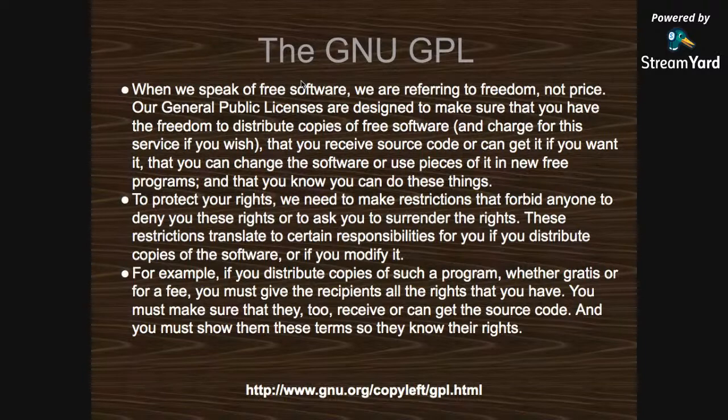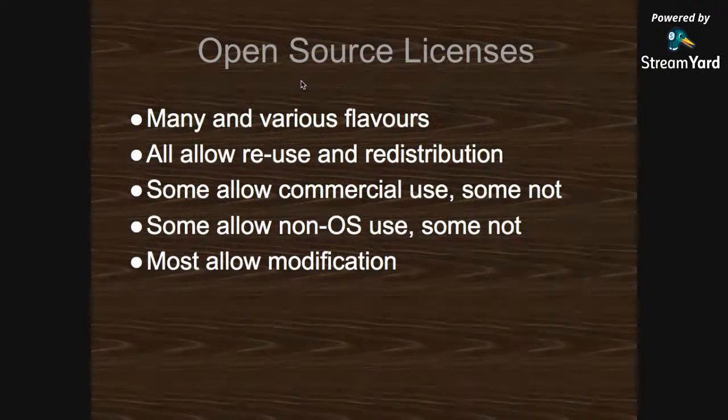So there are various different open source licenses, and this is just one of them, the General Public License of the GNU. And the point of this license, and the point of open source licenses in general, is that they allow the reuse and redistribution of the source code behind the software.